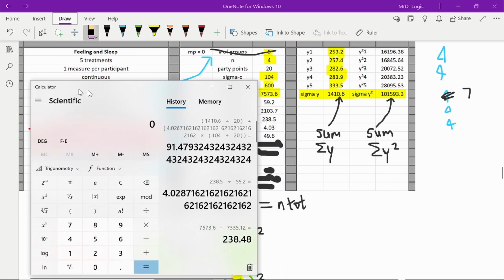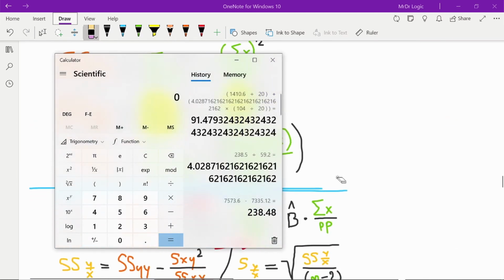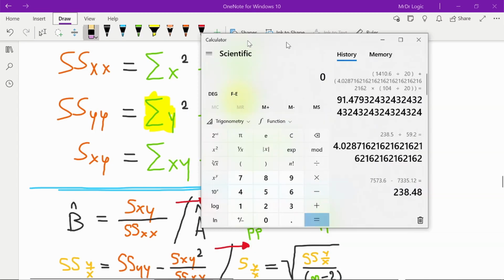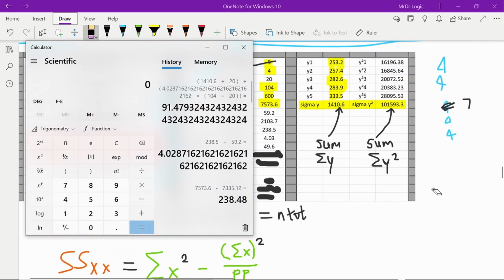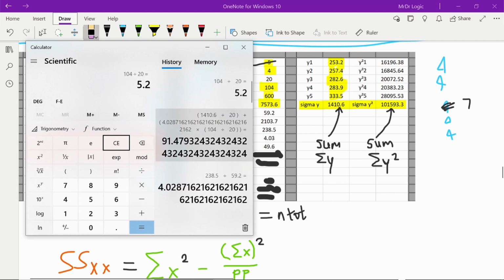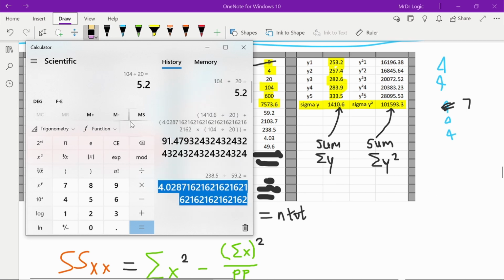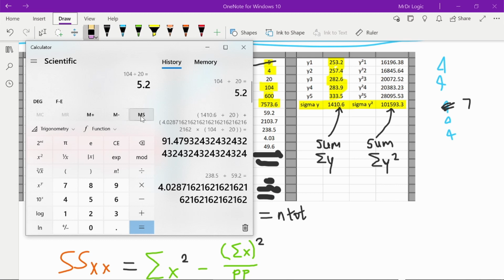Where did I go wrong, though? We did everything correctly. Okay, so let's do everything individually. So, let's do the x again. 104, 20, 5.2 times... We saw that 20 thing. Great.